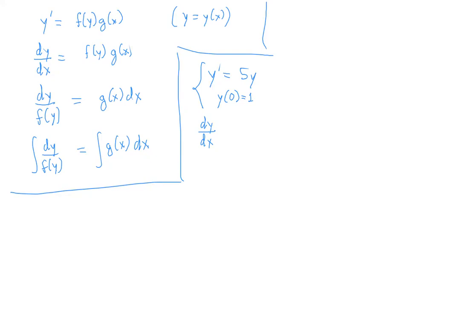Okay, so it's not a problem. So dy over dx is equal to 5y. Now, what you do here is you will do dy over y is equal to 5 dx. Please understand that the 5, you could put it in both places. Okay, I choose to put it on the right. Okay, and now I integrate.